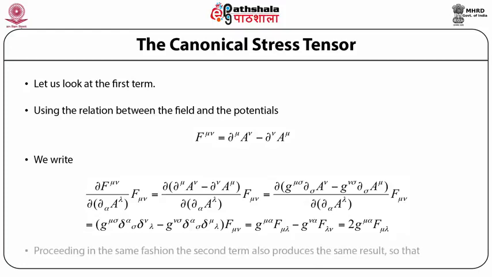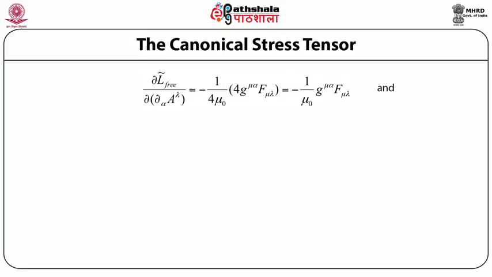The second term also produces the same result, so that ∂L_free/∂(∂_α A_λ) equals −1/(4μ₀) into 4 g_μα F^μλ, equals −1/μ₀ g_μα F^μλ, and T^αβ equals −1/μ₀ g^αμ F_μλ ∂^β A^λ − g^αβ L_free.